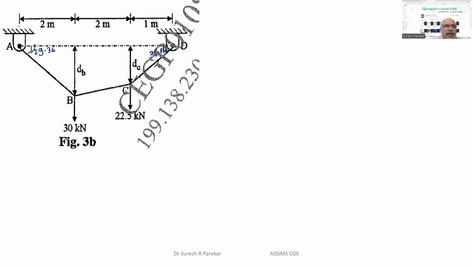Now we have a reaction over here which is VA, always upward, and at D also we have a reaction always upward, which will be VD.